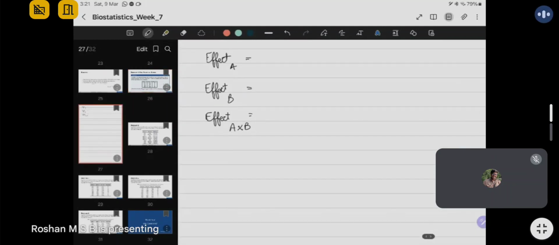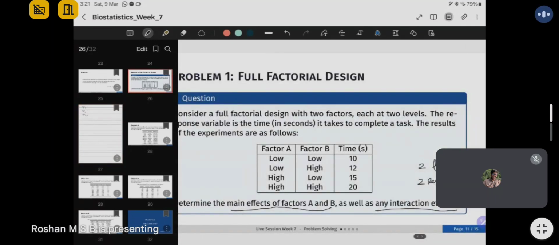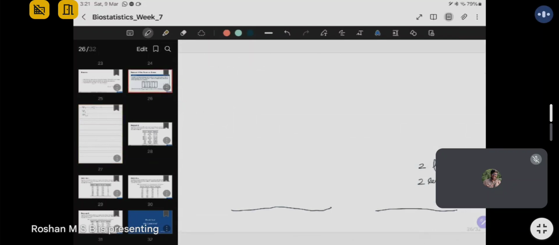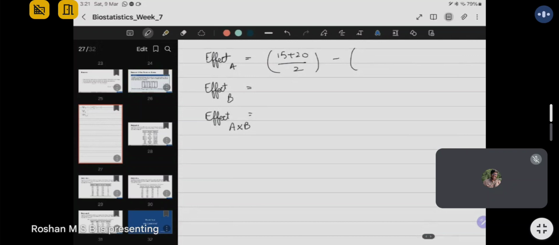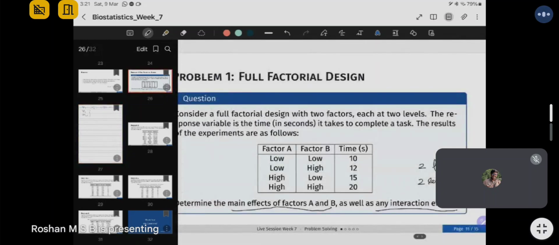You take the average for high, it's 15 and 20, so (15 + 20)/2, minus the average for low, (10 + 12)/2. It will be 17.5 minus 11, so the effect will be 6.5. Similarly you can calculate the effect of B and the effect of interaction.